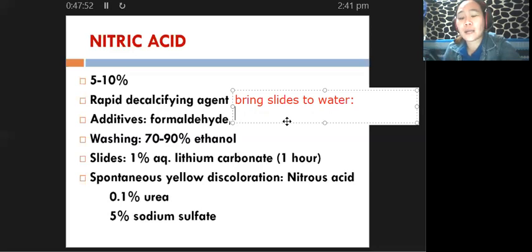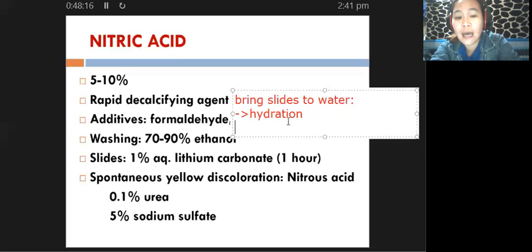All right. So when we say bring slides to water, you have to do it gradually. You cannot immerse your slides directly to water. So how do we bring slides to water, ma'am? Actually, this process in histopath is known as hydration. You want to hydrate your tissue sections. How do we hydrate them?